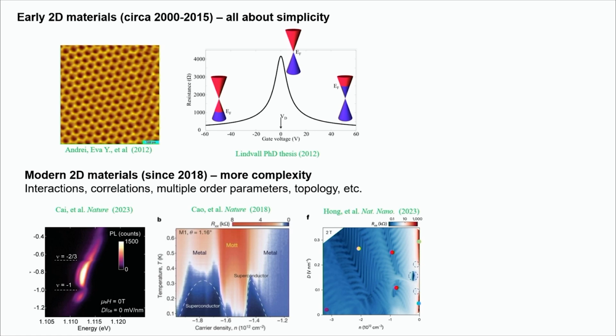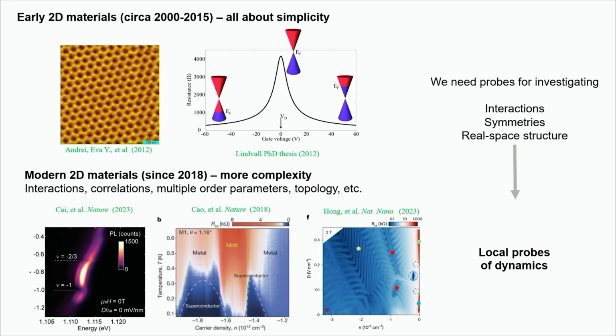To some extent, a lot of the work done since 2018 has been on establishing the phenomenology of these complex interacting phases in these heterostructure devices. But ultimately, we need new probes for investigating these things at a local level: their symmetries, their interactions. And what that means is you need to develop techniques to probe dynamics on the nanoscale in these materials.